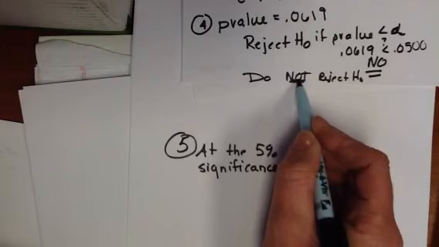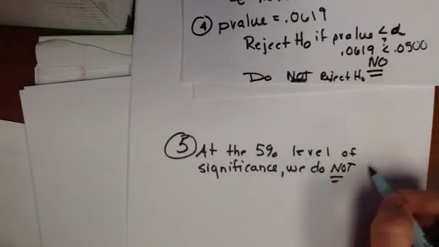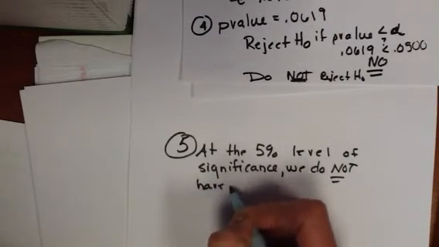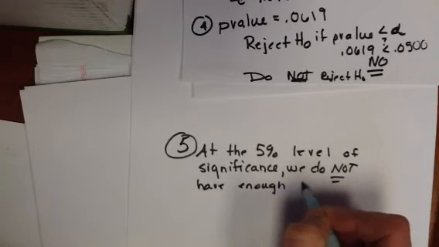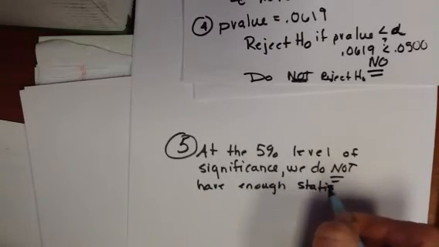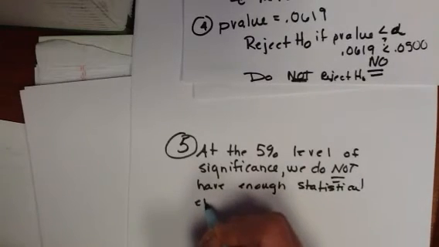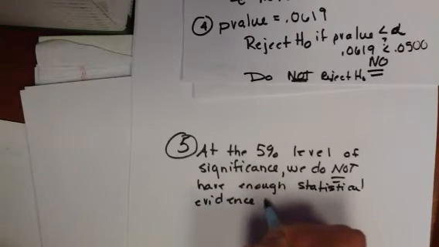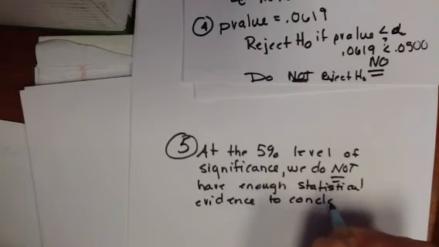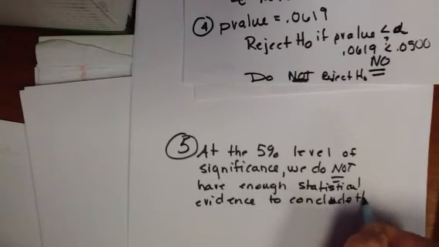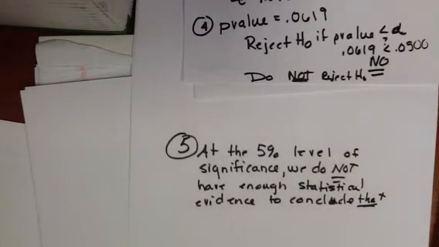That's why, if you say do not here instead of fail to reject, it's we do not have enough statistical evidence to conclude that. Remember the word that: if we go back to the problem, it had said, does this indicate that the population proportion of women. That's where we look at it.